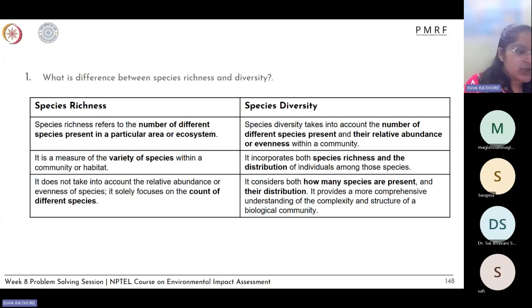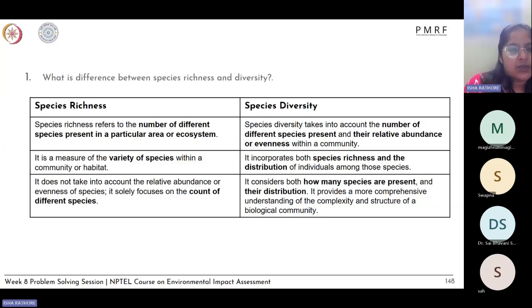Okay, so we received a query this week based on the content we have discussed. What is the difference between species richness and diversity? Species richness refers to the number of different species which are present in a particular area or ecosystem, whereas diversity is the number of different species which are present as well as their relative abundance or evenness within that area or ecosystem.